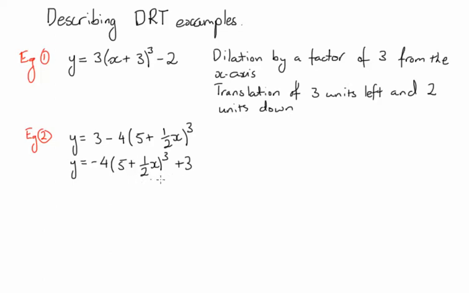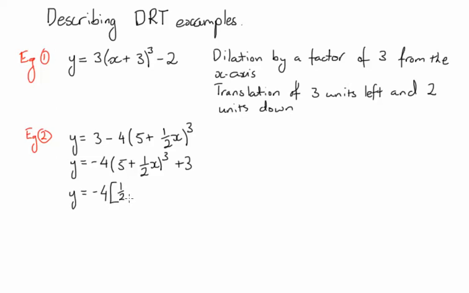Most importantly, you have to make sure that the coefficient of x is 1. Before you can do all this, dilation, reflection, translation, you have to make sure that coefficient is 1, which means you have to factorize here. So I'm going to take out the factor of 1/2. So let's say I'm going to use big brackets there.